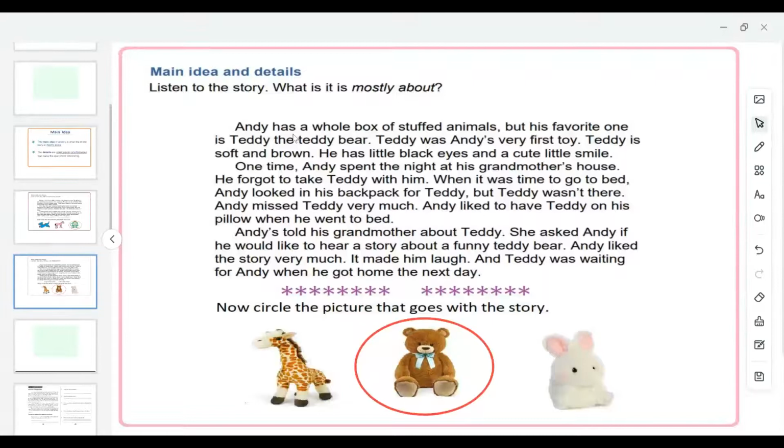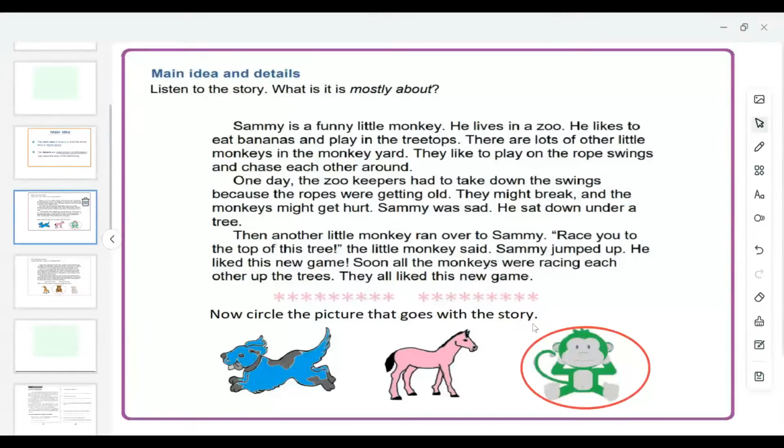The details tell you about this teddy bear. The first story talked about the monkey. This is main idea.